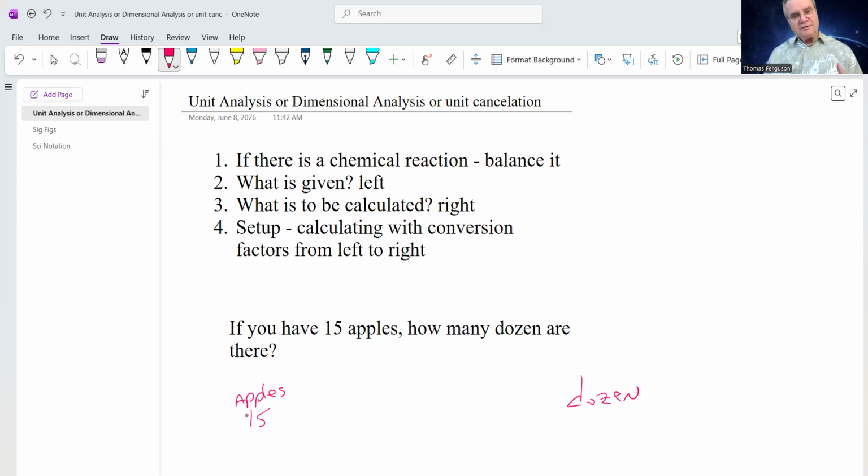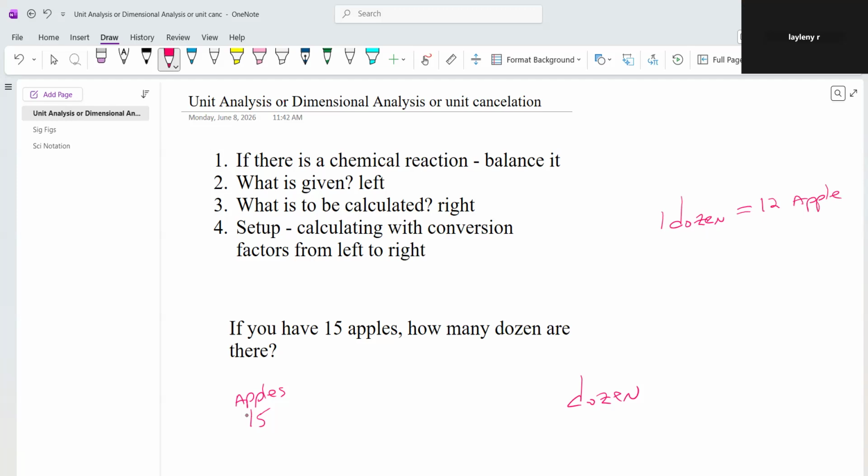Okay, so you need to know some conversion factors. How many apples are in a dozen? Well, 12. Yeah, it's 12.